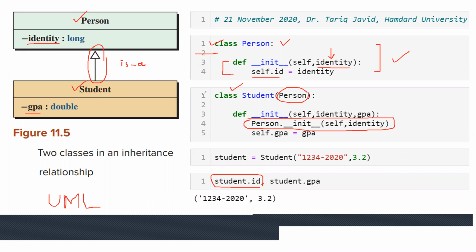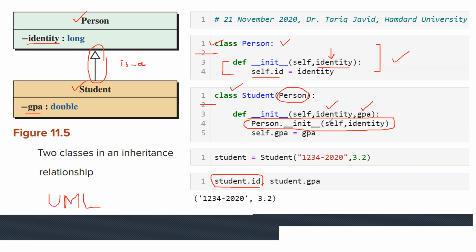Now in this class, line number 1 is a class definition, and this class definition is linked with the person class. Line number 2 is empty. Line number 3 is the definition of the default member function, and the default member function takes two parameters. Parameter 1, identity. Parameter 2, the GPA of the student. So whenever the student is called, the identity is assigned through the person class.